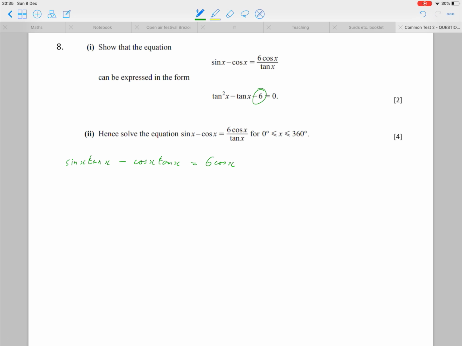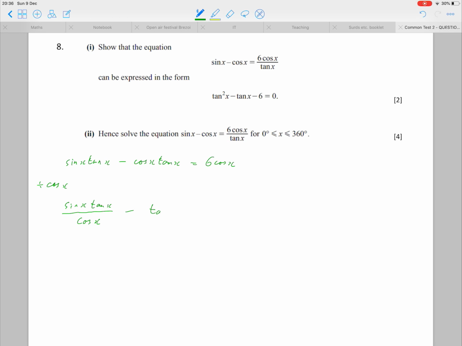Now notice also that we have a minus 6 on the left, and over here we have a plus 6 cos x on the right. So let's turn that into a 6. Let's divide by cos x everywhere. Well, here we've got sin x tan x over cos x.